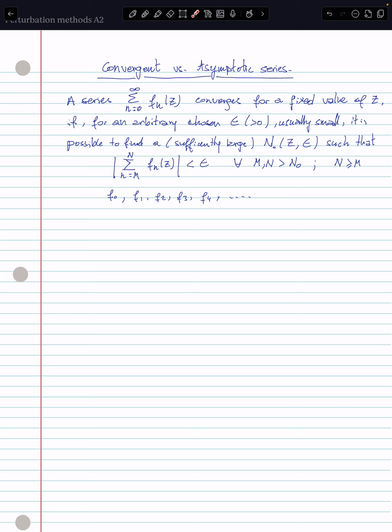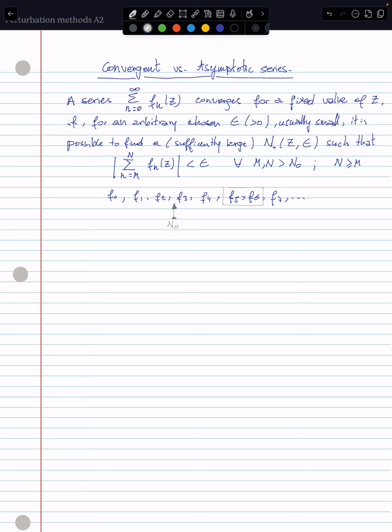And this is translated by the fact that you can play the game, ask someone to give you a small number, epsilon, and you would say that this series converges, provided it is possible to find a value of n0, so a place in this sequence, such that no matter where you start adding in the f5, f6, f7, no matter where you start adding and subtracting terms in what follows, you see that the sum of those terms can be made as small as we want.